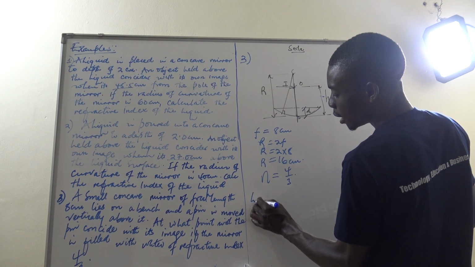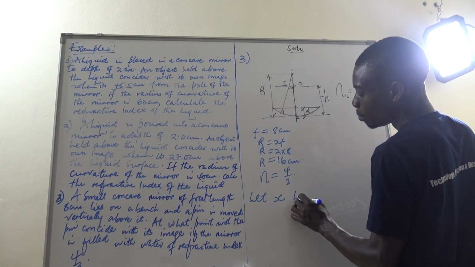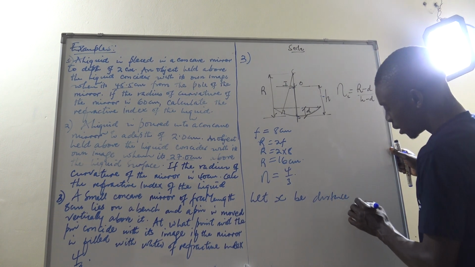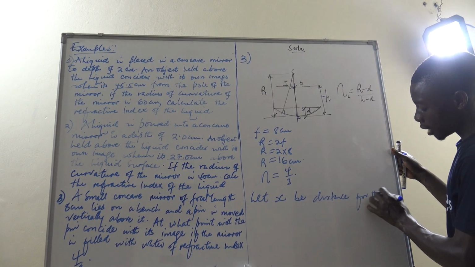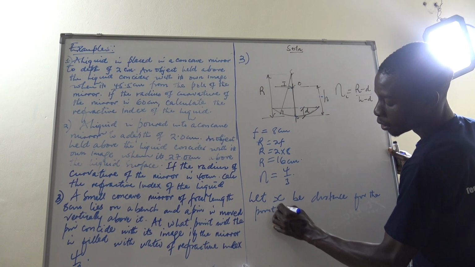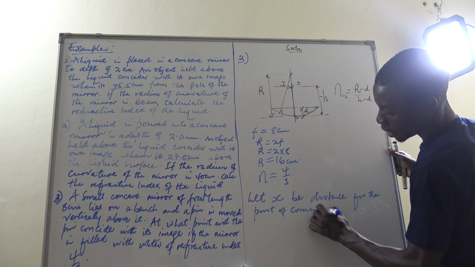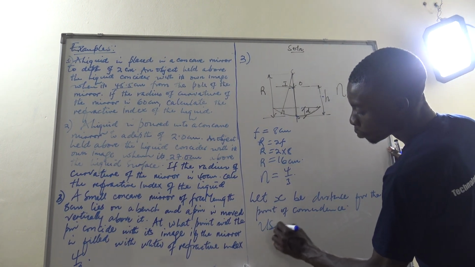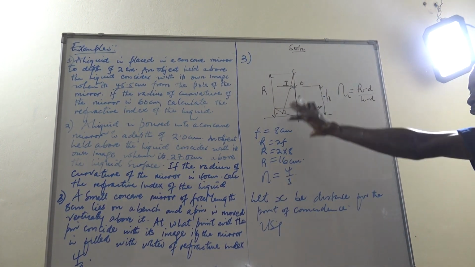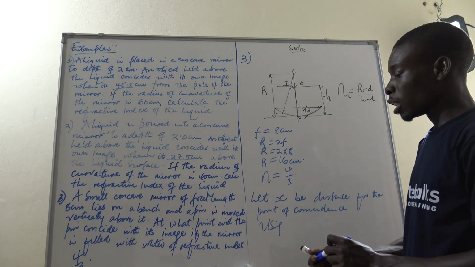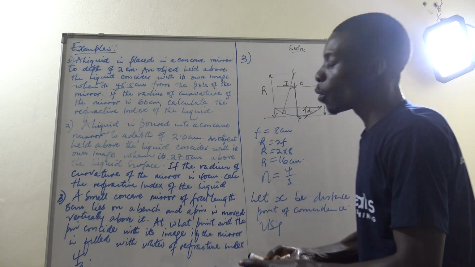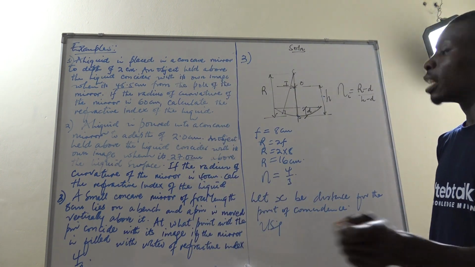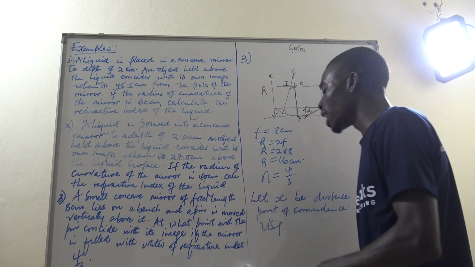So I can say, let x be the distance for the point of coincidence. Okay? So we shall now say, as I've told you, that if the depth of the liquid is not given, please don't bother yourself and say, what about the depth? It may be a reason that the depth was so small that they didn't include it in the question.